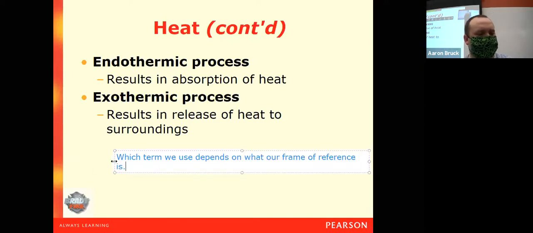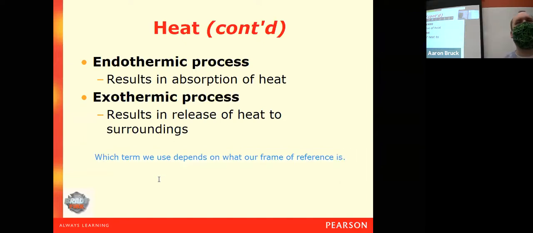An endothermic process is one where heat is coming into the object.